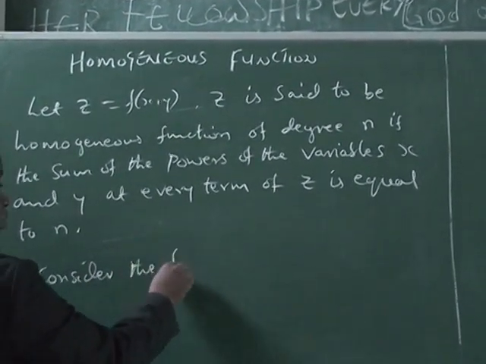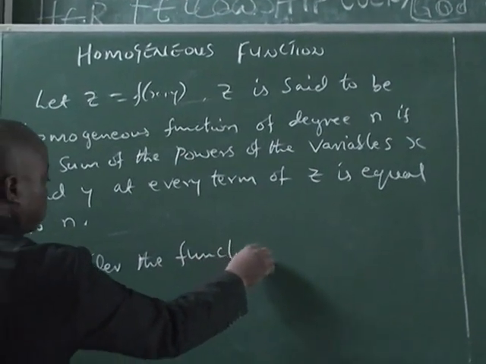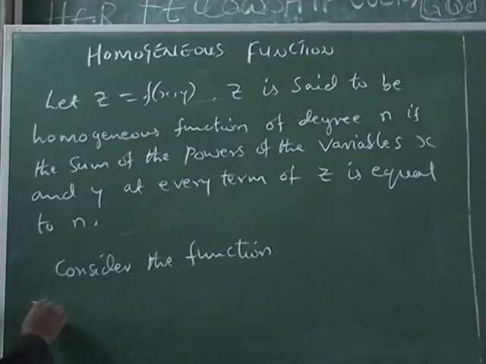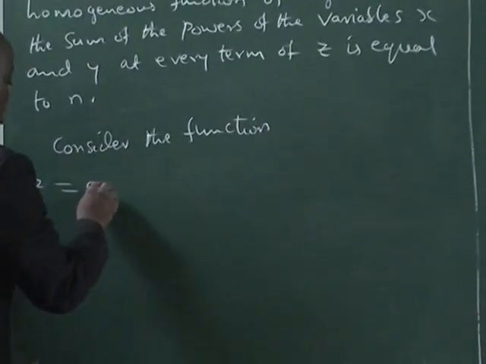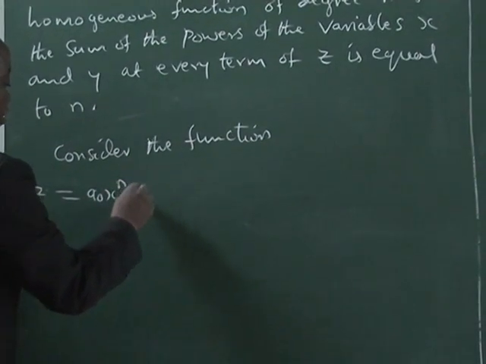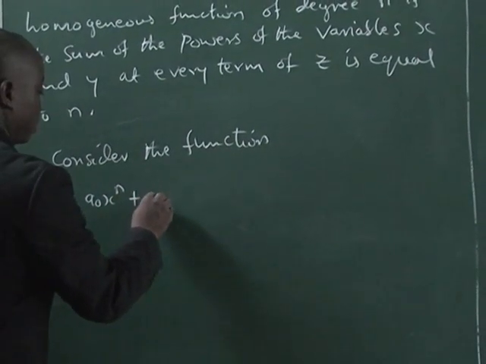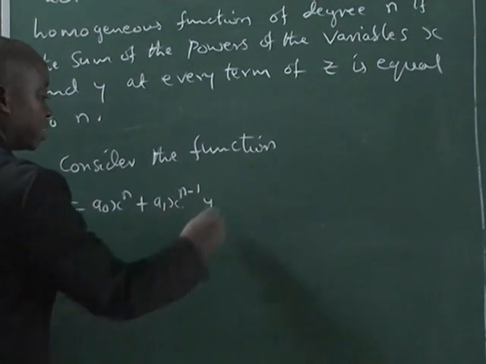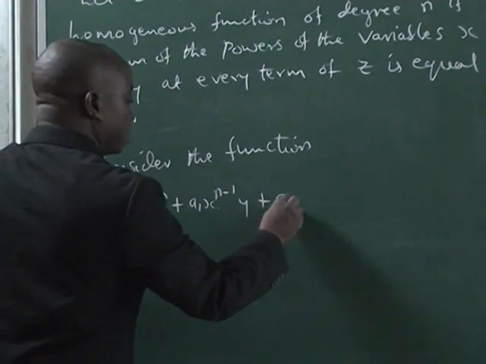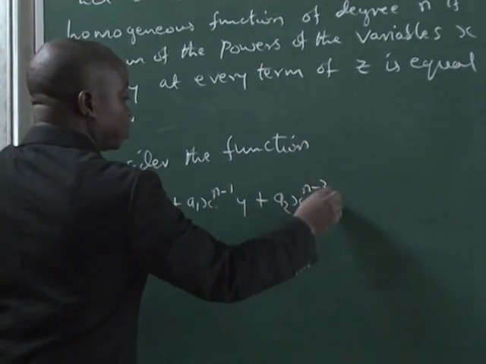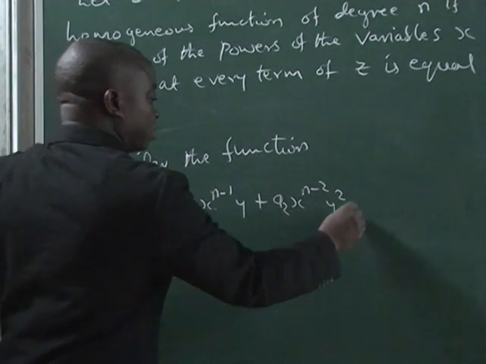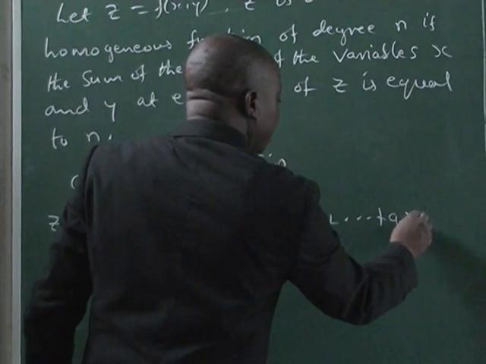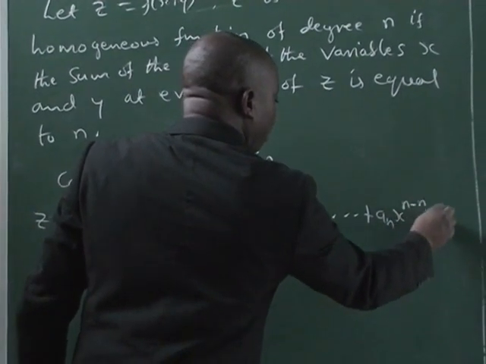the function z equals a sub 0 x raised to n plus a sub 1 x raised to n minus 1 y plus a sub 2 x raised to n minus 2 y squared plus a sub n x raised to n minus n y raised to n.